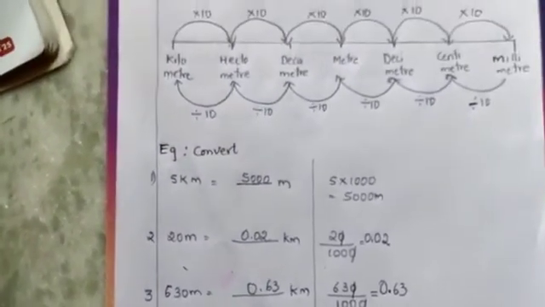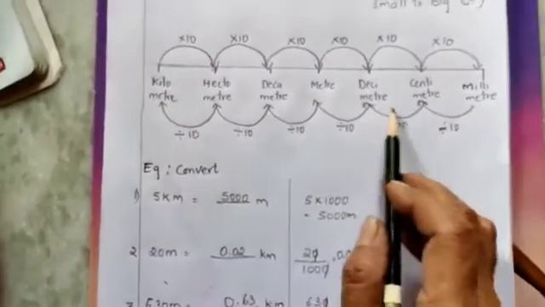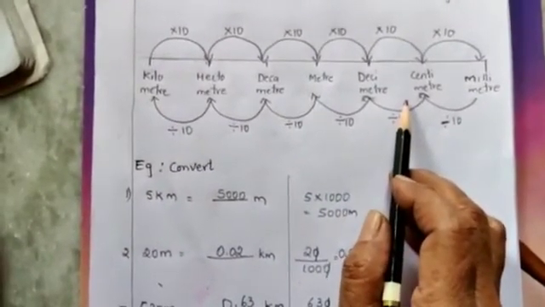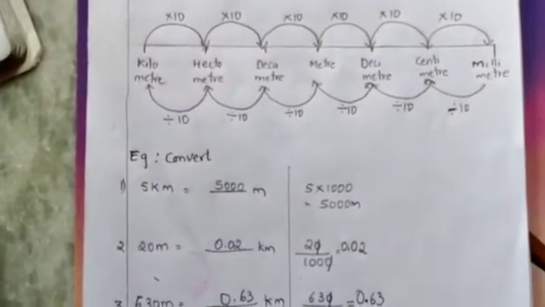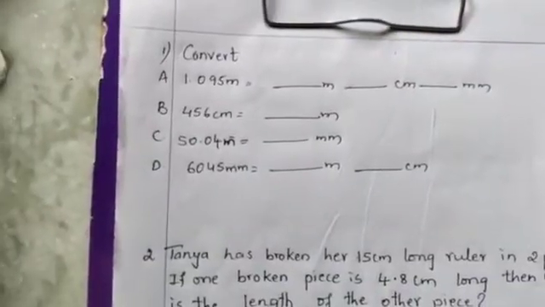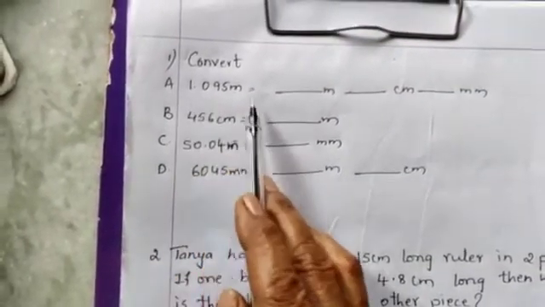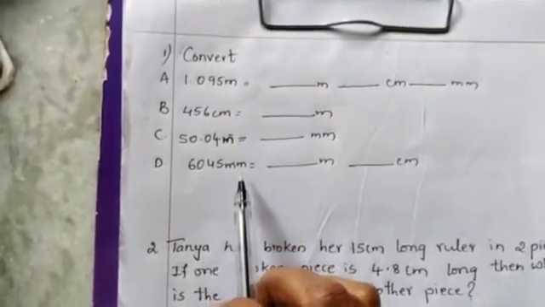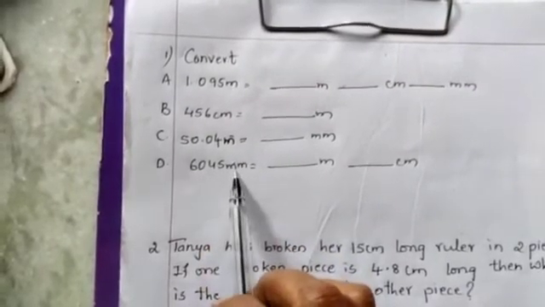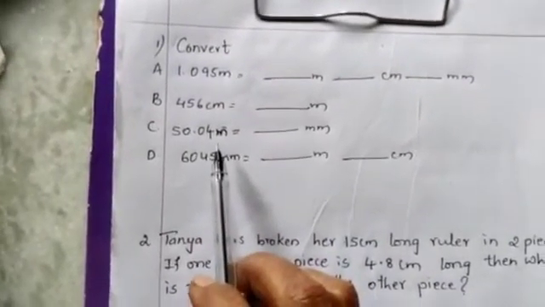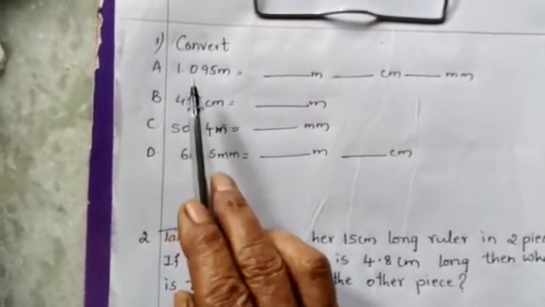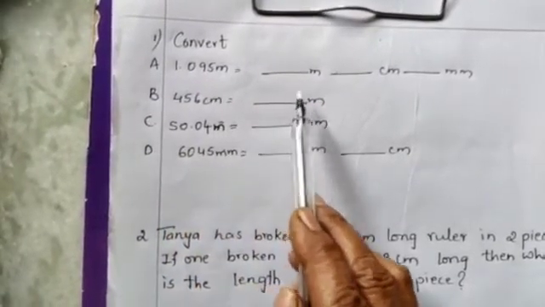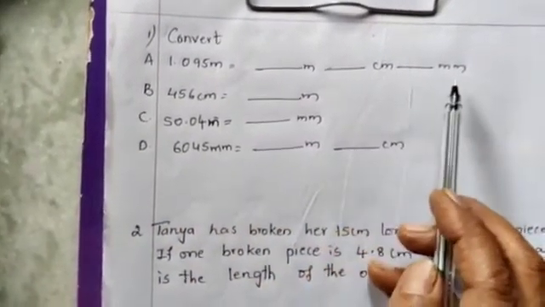Whenever you are converting, first you draw this table, then you will not be confused. Here some questions are given, children. These sums you have to do in the conversions, you do it in the classwork. A: 1.095 meters is equal to dash meters, dash centimeters, dash millimeters.